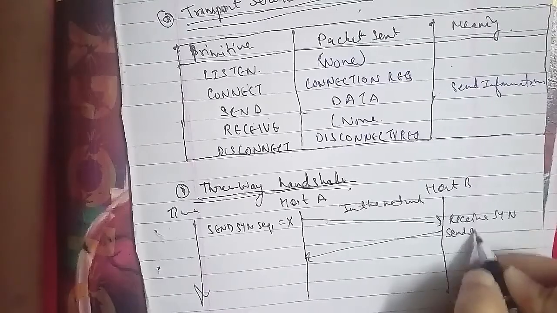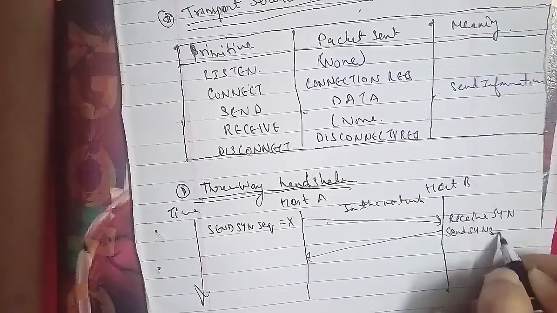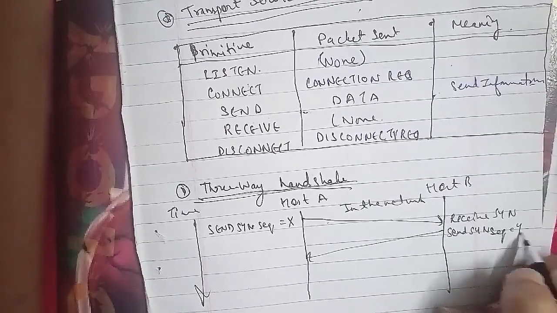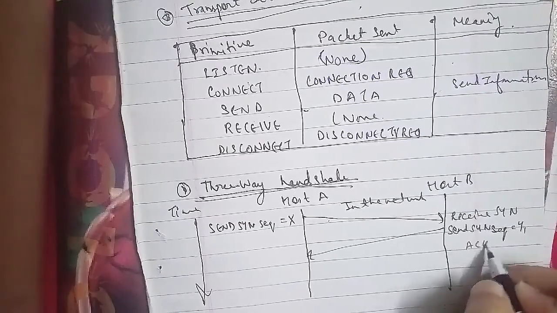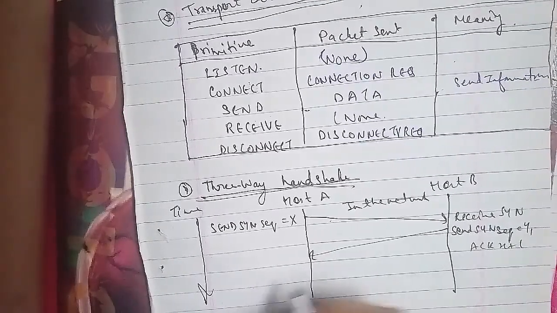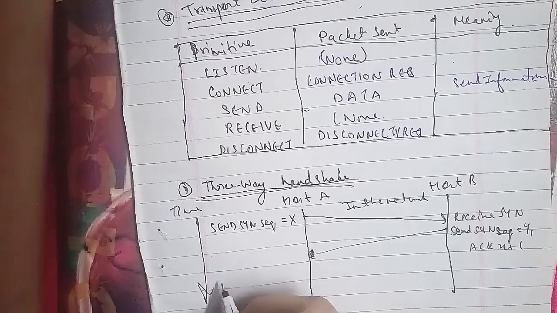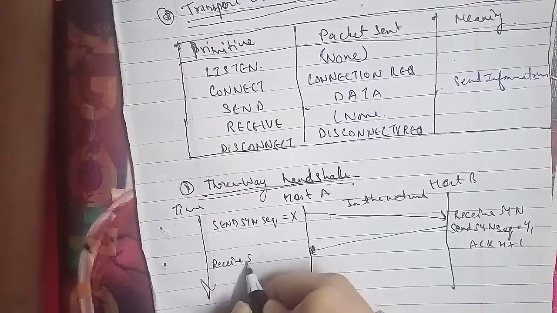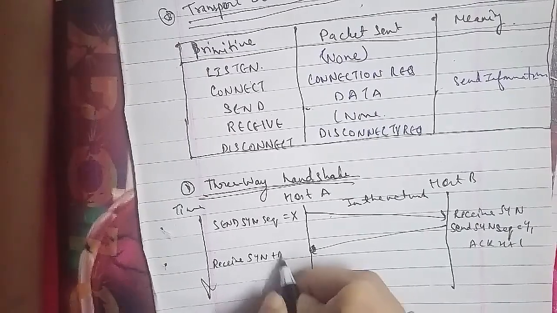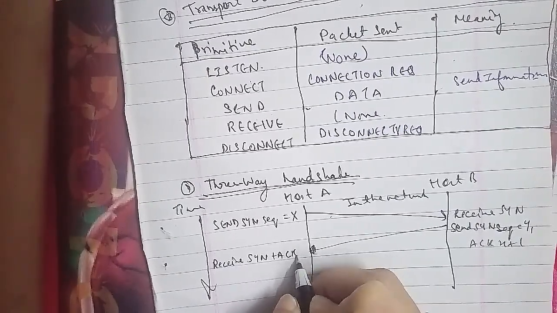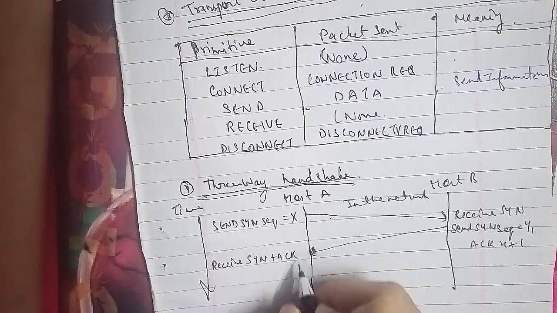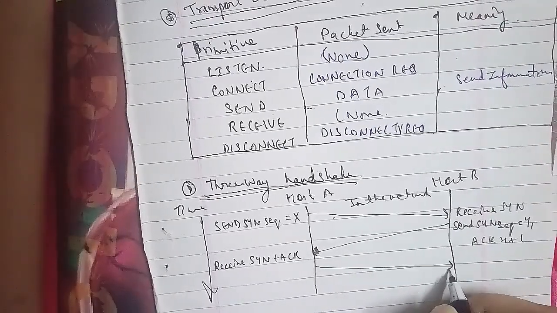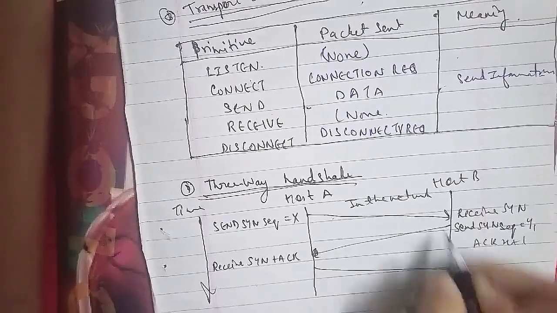It can be seen that three TCP segments are exchanged between the two hosts, host A and host B. To start, host A initiates the connection by sending a TCP segment with the SYN control bit set and an initial sequence number, represented here as the variable X in the sequence number field.